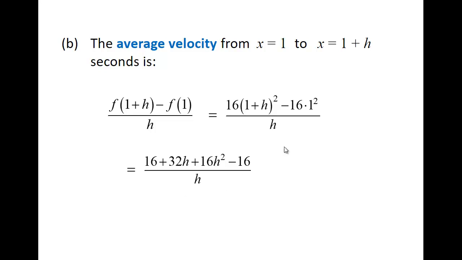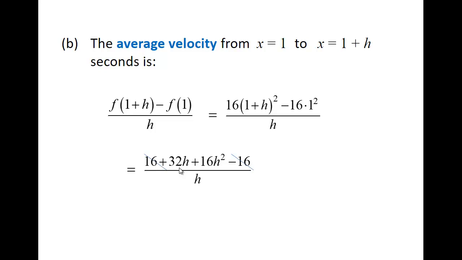Now 16 cancels out. What's remaining is 32h plus 16h squared, and clearly we can factor out h in the numerator.